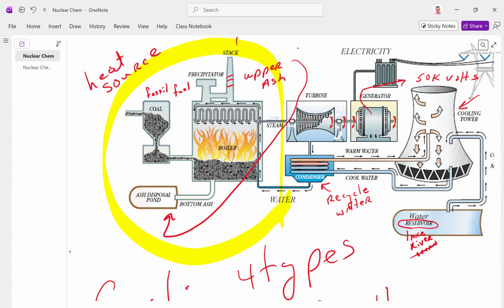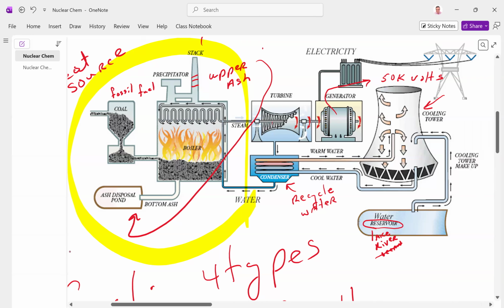When you're all done with it, what do you do with it? Well, you've got to disassemble the cooling towers and deal with the ash pond in case of coal. Lots of disadvantages.